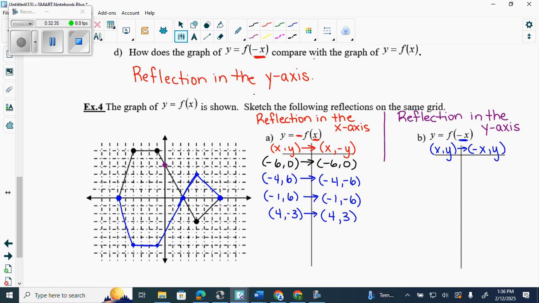So we're going to work sequentially again. -6, 0. -6, 0 is going to become negative a -6. So 6, 0. Then we have -4, 6. Is going to become 4, 6.